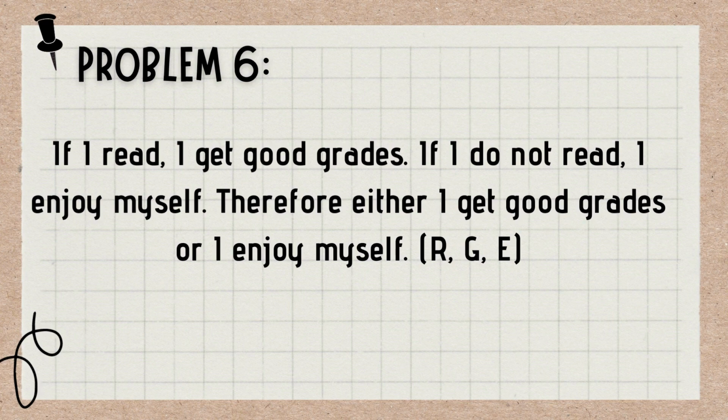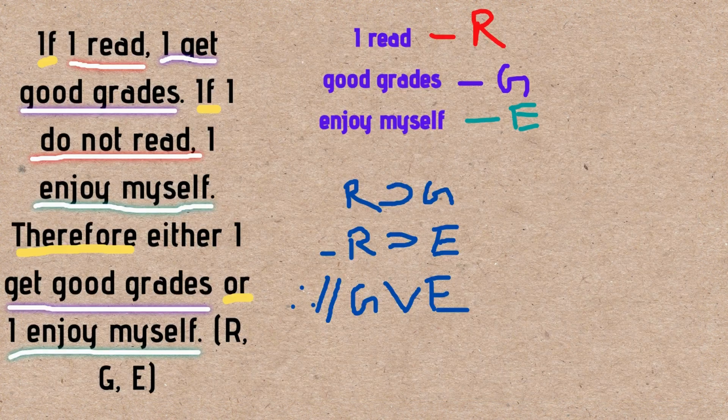The same thing goes for the sixth problem. If I read, I get good marks. If I do not read, I enjoy myself. Therefore, either I get good grades or I enjoy myself. You have R, G, E, three variables. So you can highlight the connectives: if, therefore, or, and there are three types of statements.